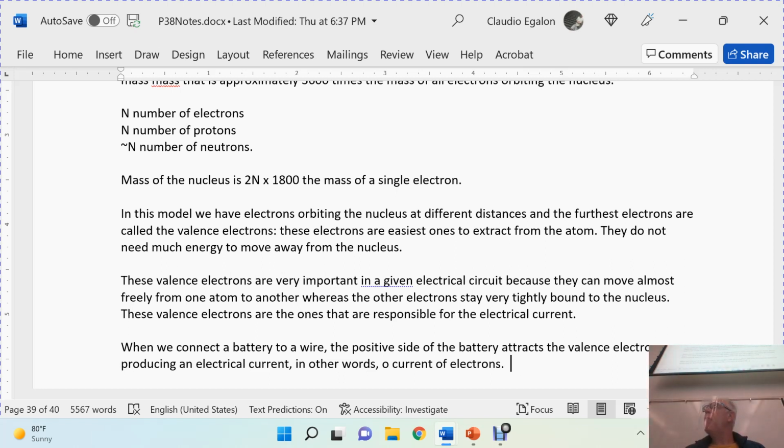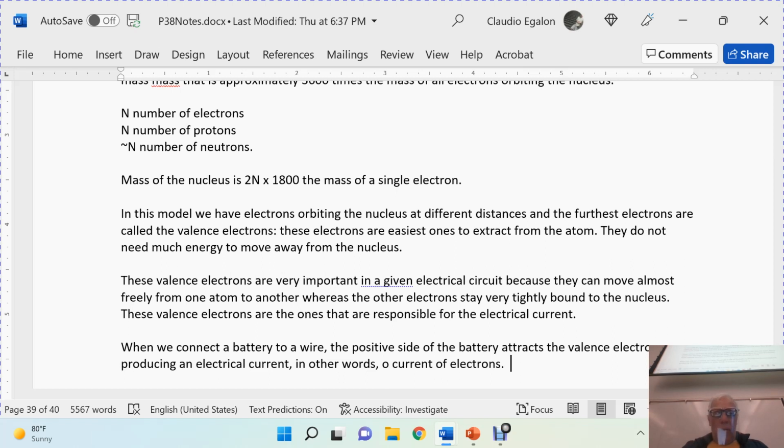That's a good model, and only the valence electrons jump from one atom to another. Something like that doesn't happen with plastic, because you do not have much conductivity in there.